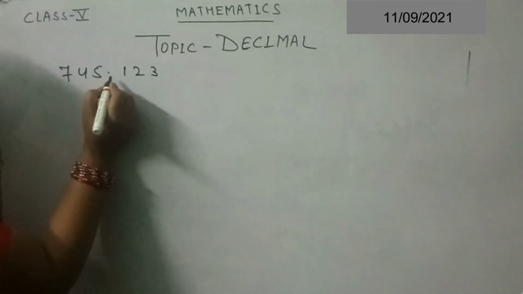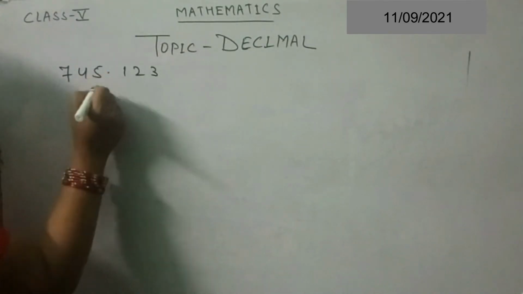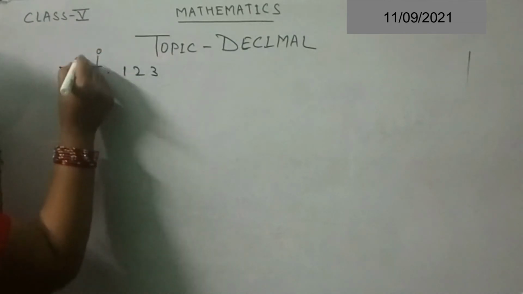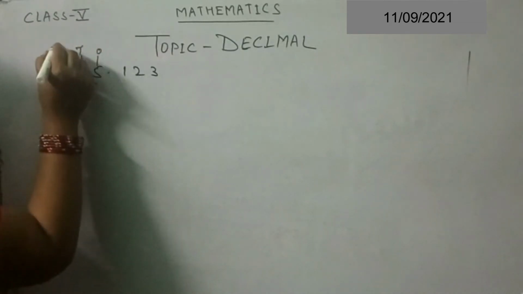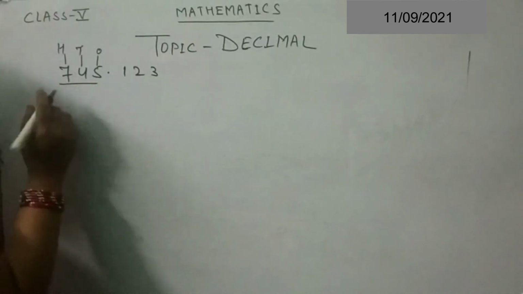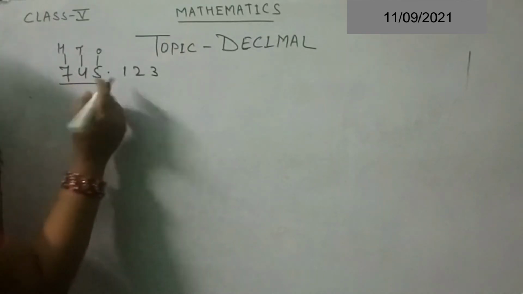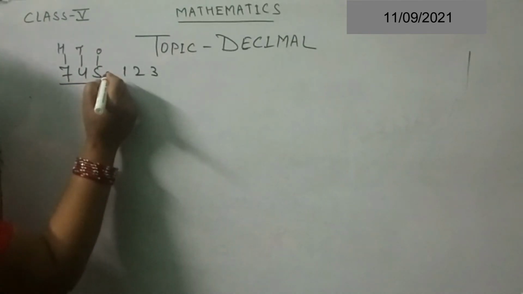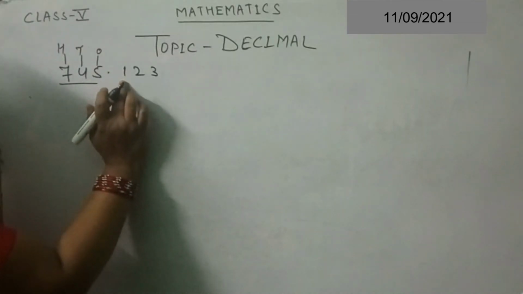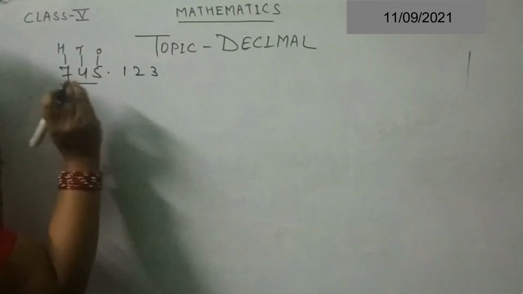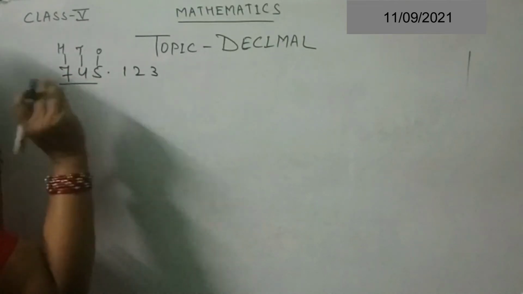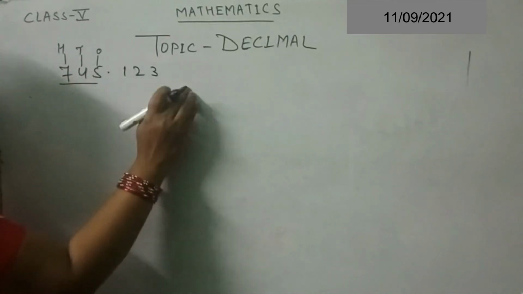The left side of the decimal point is the whole number, and we read this one as ones, this one as tens, and this one as hundreds. That means 745, and this one is the point. After that you have to read the number as it is. What is written? You have to read as it is: 1, 2, 3. Simply we read the digits 1, 2, 3.